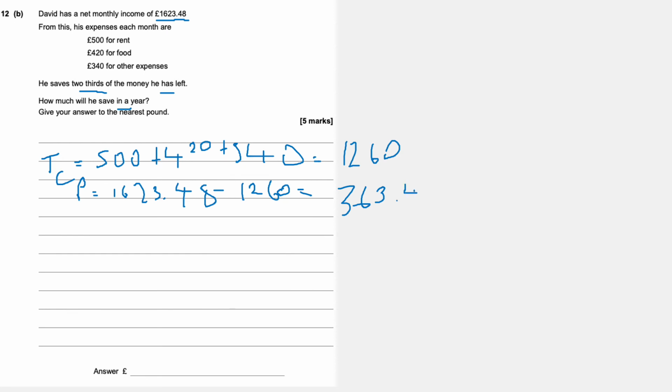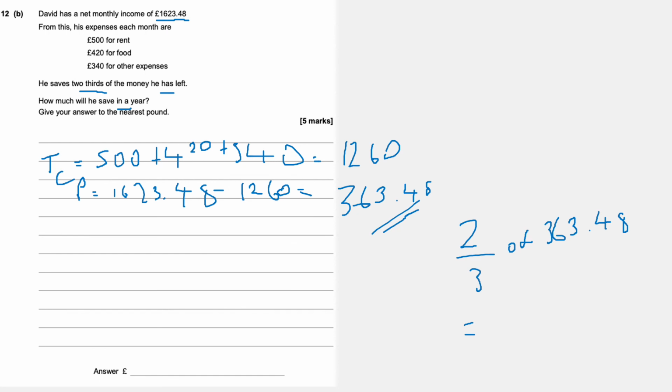So that is the money that is left over after his expenses. Now in the other part of the question, it says that he saves 2/3 of it. So he wants to save 2/3 of £363.48. Now this is the same as dividing it by 3 and timesing it by 2, or timesing it by 2 and dividing by 3. Either way is going to be fine.